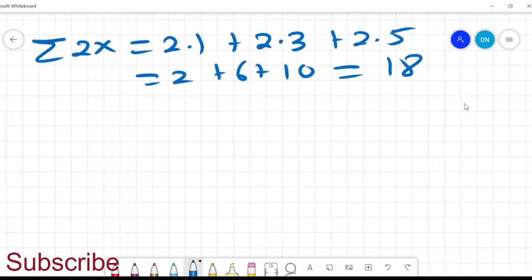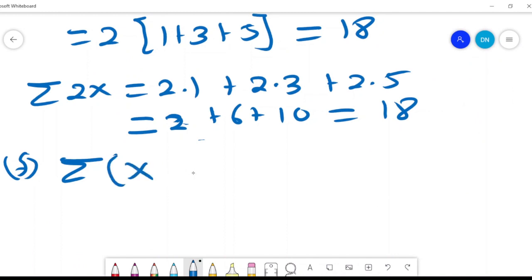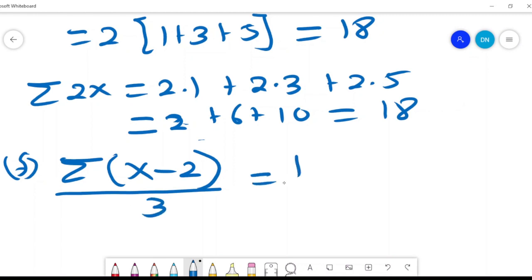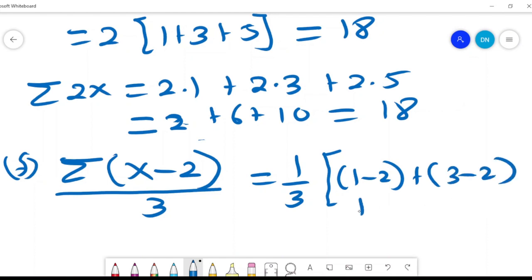So it is the summation of x, for example, minus 2, all divided by 3. So I can put 3 outside as a fraction, and then I say x minus 2. So it's 1 minus 2 plus 3 minus 2 plus 5 minus 2.